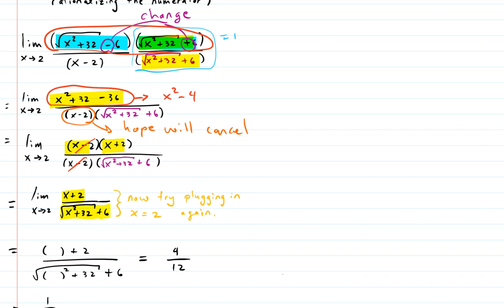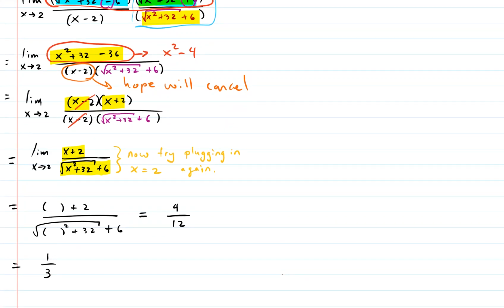Let's try to plug in x equals 2 again. If we plug in 2 in the numerator and 2 in the denominator, 2 plus 2 in the numerator gives us 4. And 2 squared is 4, plus 32 is 36, and root 36 is 6. 6 plus 6 is 12.